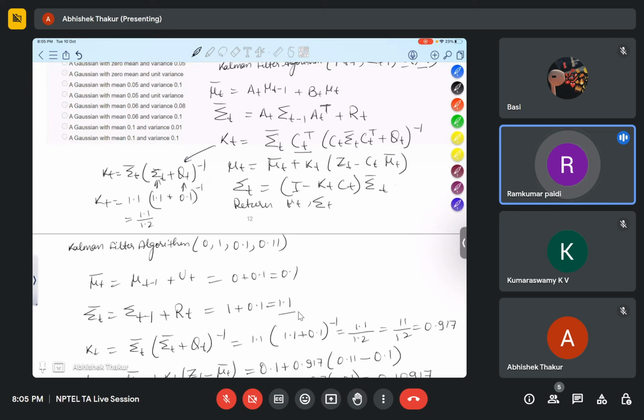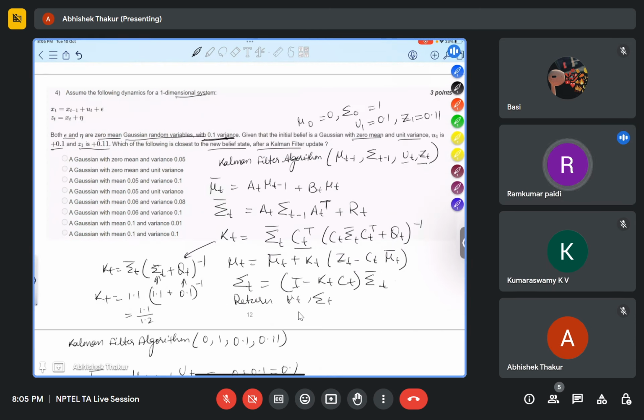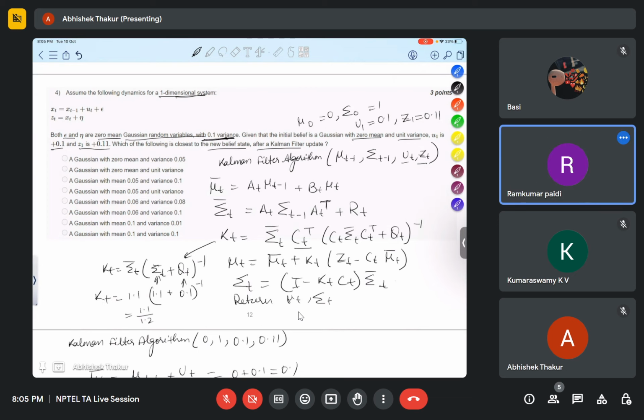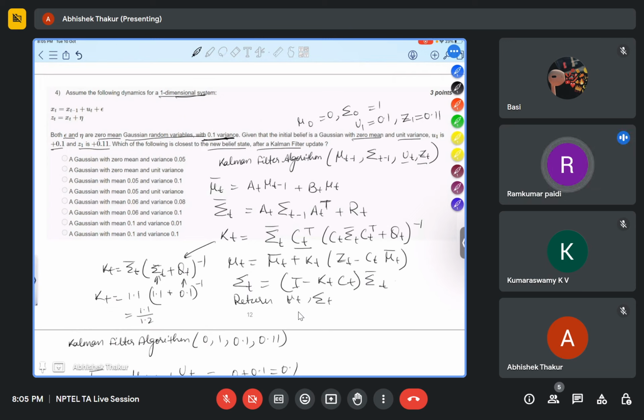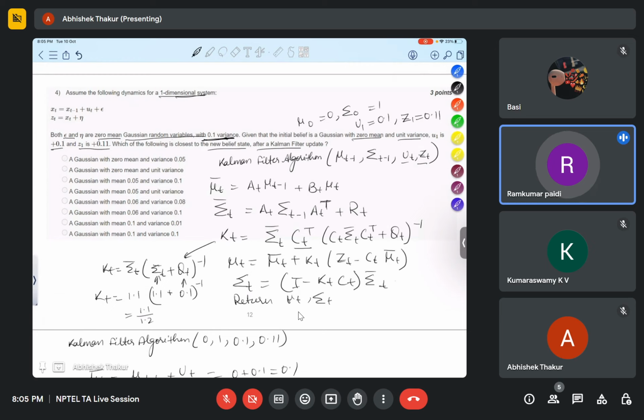For example, if it is 2, then what will be the transpose, sir? Like here it is given as a one dimensional system. If it is one dimensional and the value is 2, then the transpose will obviously be 2. Transpose of a one dimensional matrix is the same. But when it is multi-dimensional, then you have to take the transpose of that. Okay, sir. In all the sessions, we discussed only one dimension.